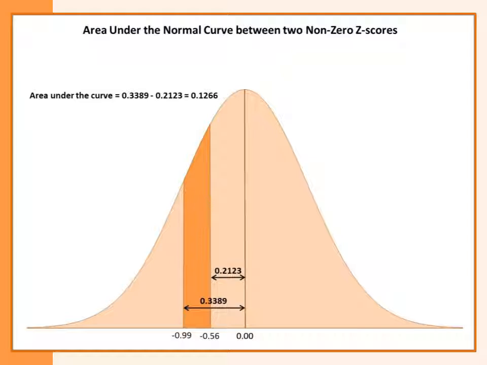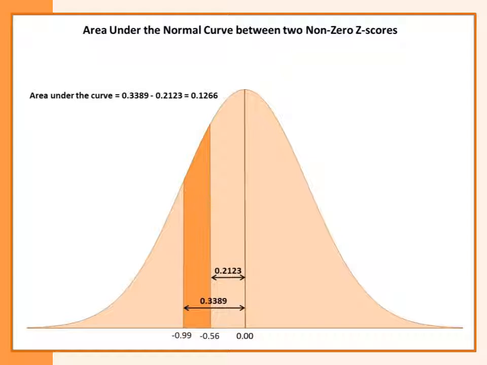Identifying where these z-score values fall, since they both are negative, they will fall below or to the left of our mean of 0. And we see the area between 0 and minus 0.99 z-score is 0.3389, and the area between 0 and minus 0.56 is 0.2123.